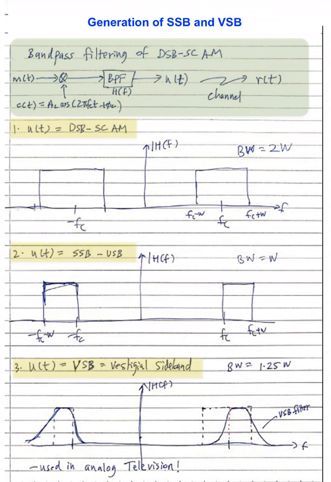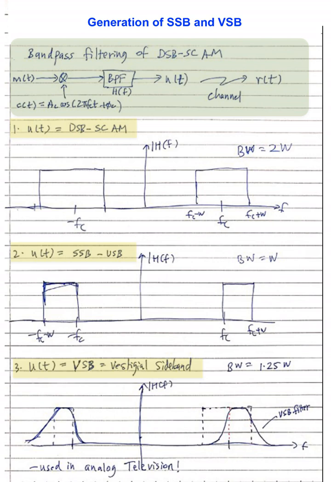Now, let me show you how we can unify double sideband suppressed carrier, single sideband, and vestigial sideband. We discuss generation of such signals first. The strategy is to use bandpass filtering of a double sideband suppressed carrier AM signal. At the top is a block diagram showing how to generate single sideband AM and vestigial sideband AM using this approach.